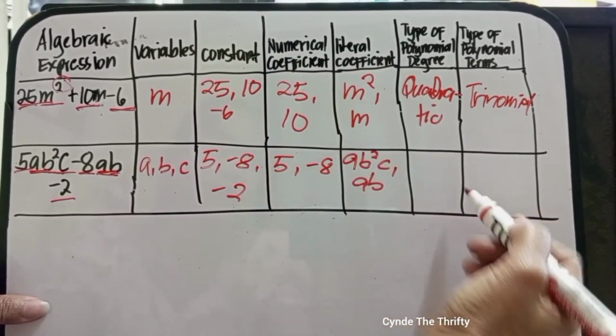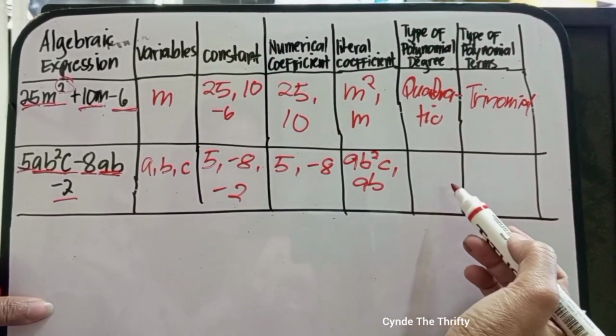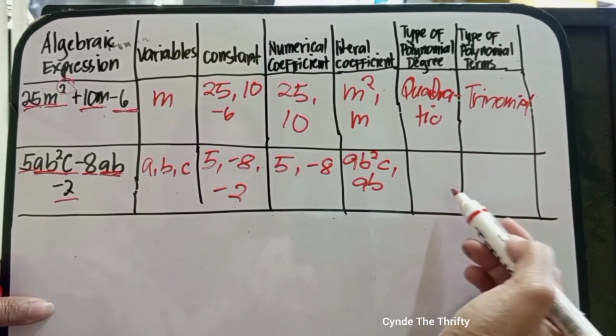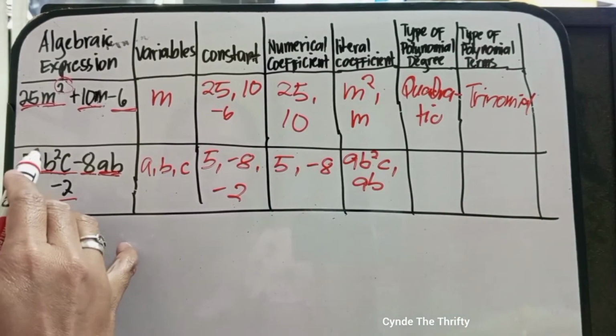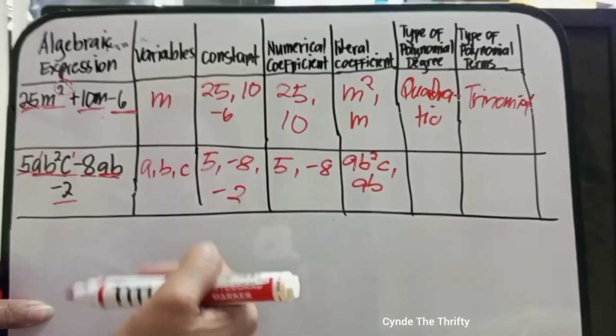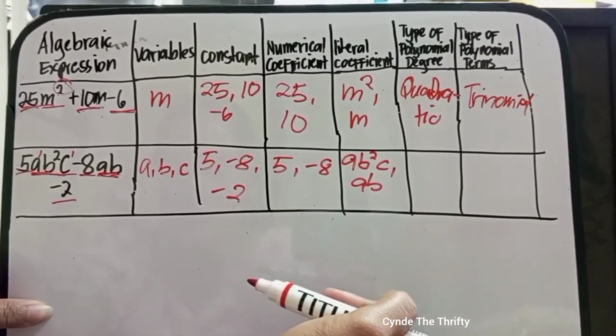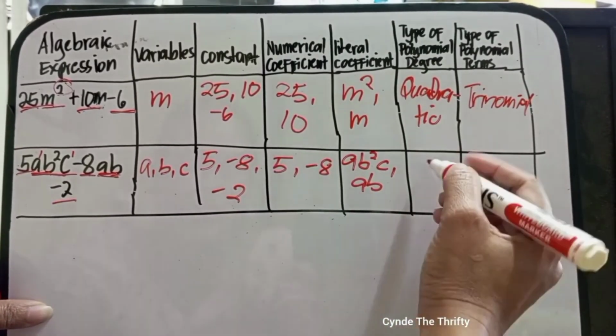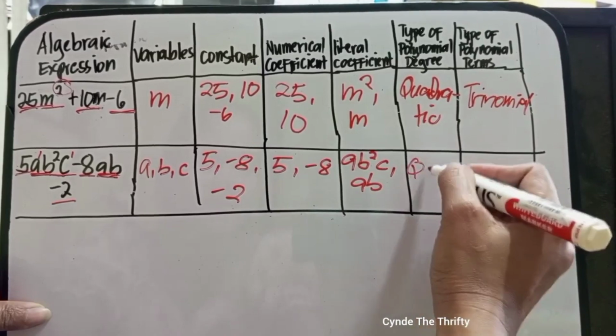So, ano yung ating type of polynomial according to its degree? Ano yung kanyang degree? Meron tayo ditong 1, 2, 3, 4. So, meron tayong total of exponent na 4. So, ano yung kanyang degree? Ang kanyang degree is quartic.